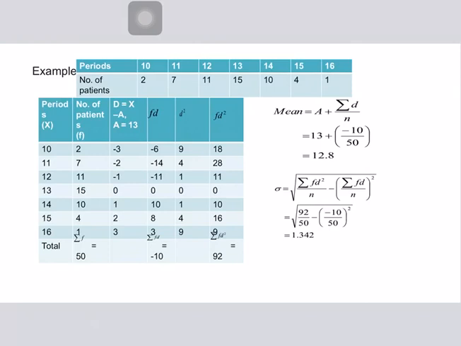Then compute column number 5, that is square of deviation. Using this value, compute column number 6, that is FD square, and we find summation FD square equal to 92. After putting the value in the formula, we can see that sigma equal to 1.342.